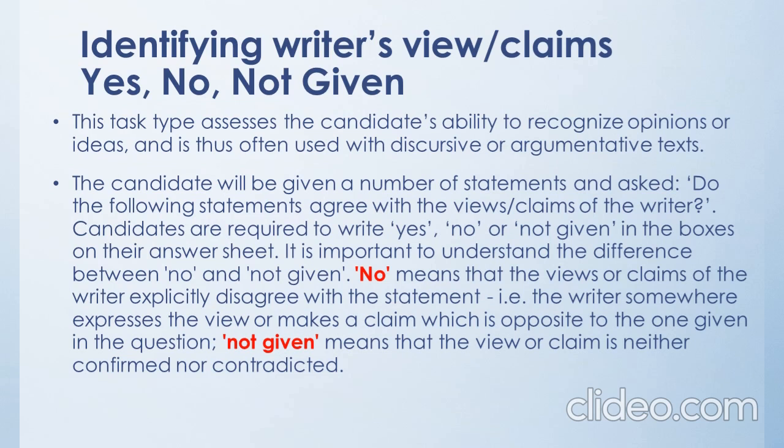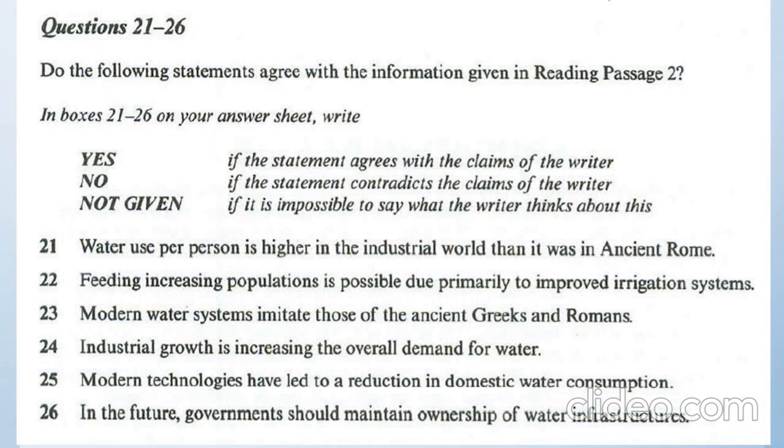And the last one, not given, means that the view or claim is neither confirmed nor contradicted. You may have some opinion that is in the text, but it doesn't contradict or confirm the writer's view. So please don't get distracted by this. Here is the example for yes, no, not given. Again, in your practice materials, you will have a chance to practice it.